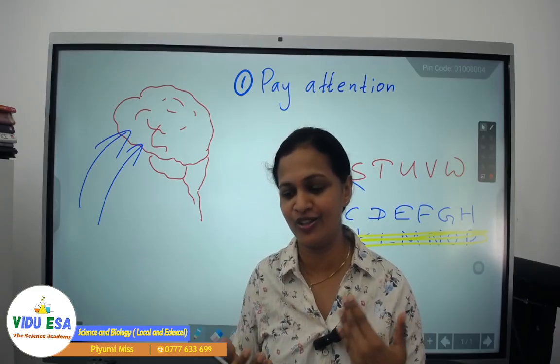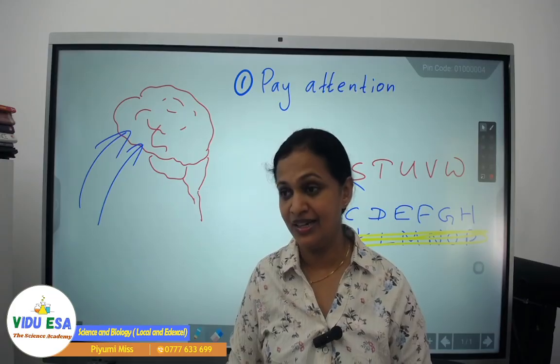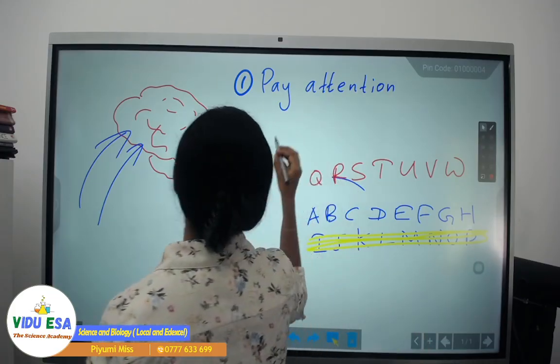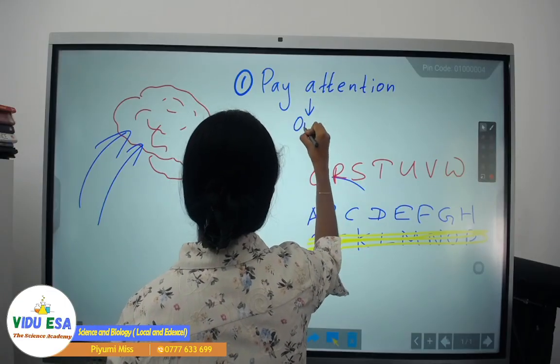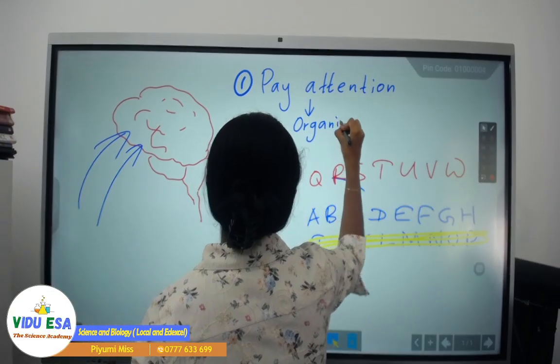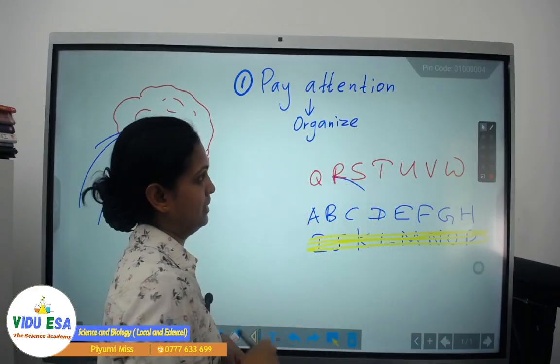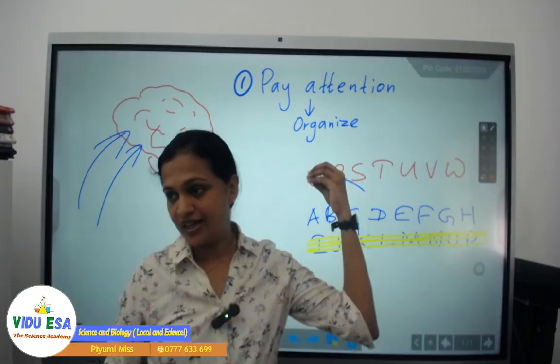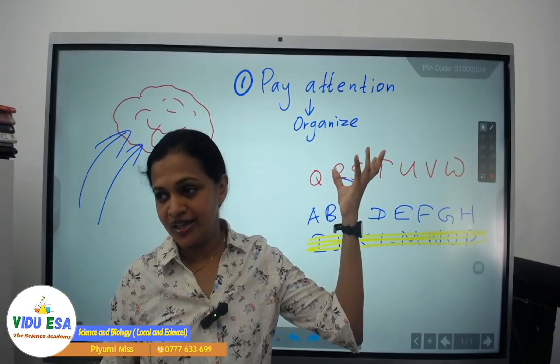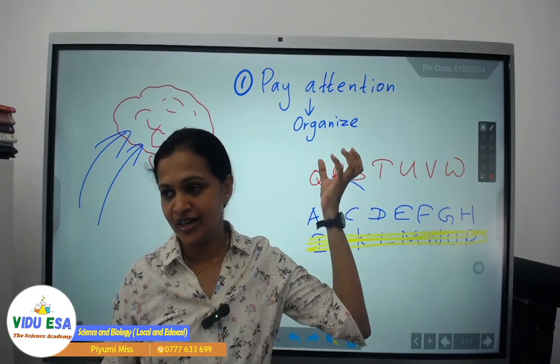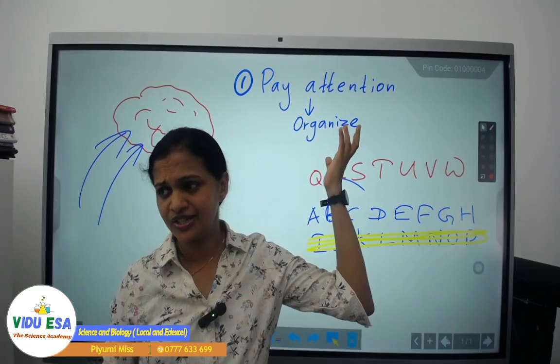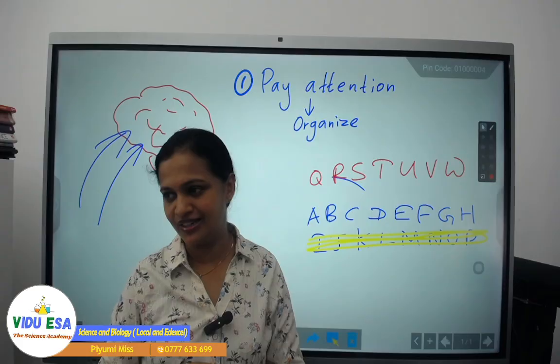We use different diagrams, right? So you have to pay attention and organize the things in a proper manner, right? We write notes, we do exercises, we do calculations, we draw diagrams and label them. That is to organize. You pay attention and organize the information, right?